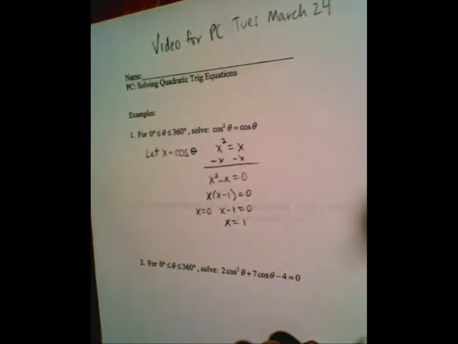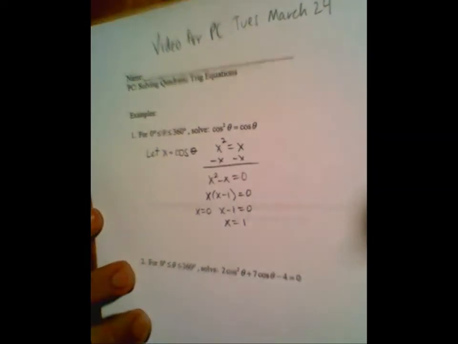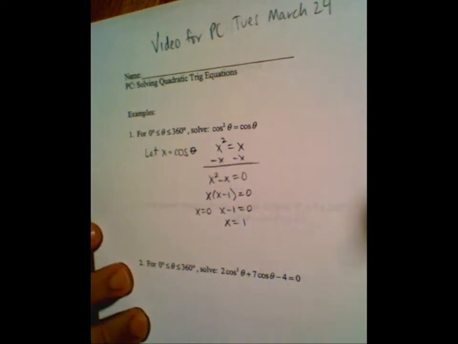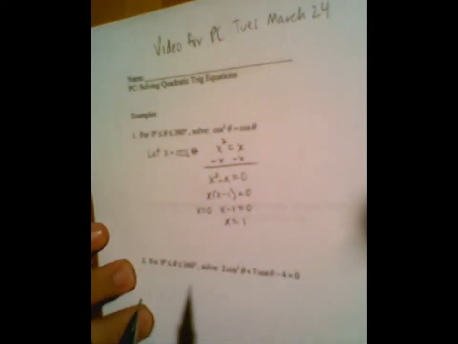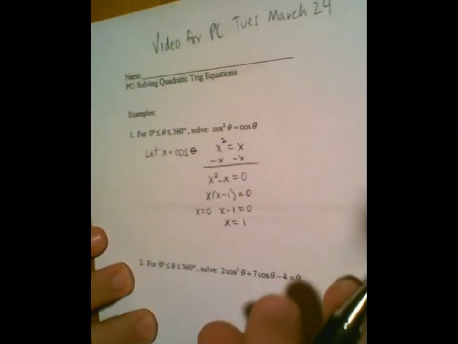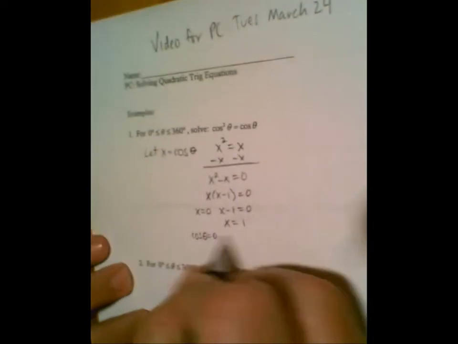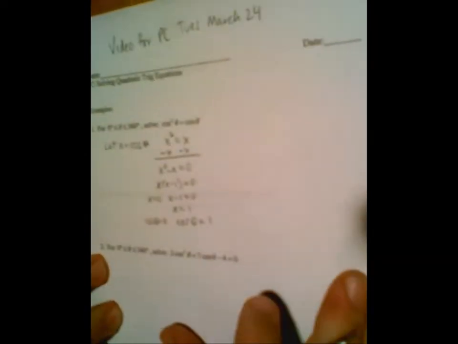You should have printed out the handout off my website, the blank handout, and be doing everything on this. Now I have x equals 0 and 1, but x is cosine theta. So what I really have is cosine theta equals 0 and cosine theta equals 1.